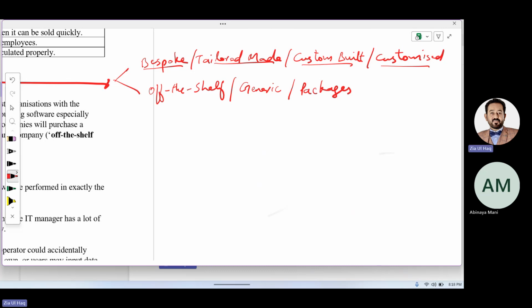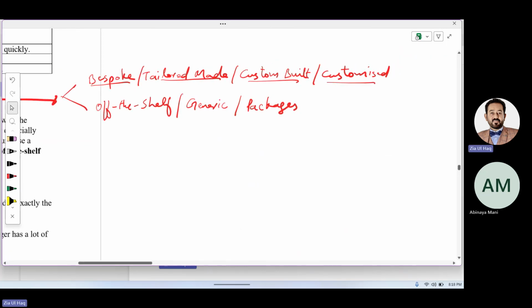There are different advantages. With the bespoke tailor made system, if you have designed it according to your specification, there will be some problems, some bugs and errors initially. That will be resolved after 5 to 6 months of use of the system. For bespoke, your staff might not be trained. You need to provide training to the staff.